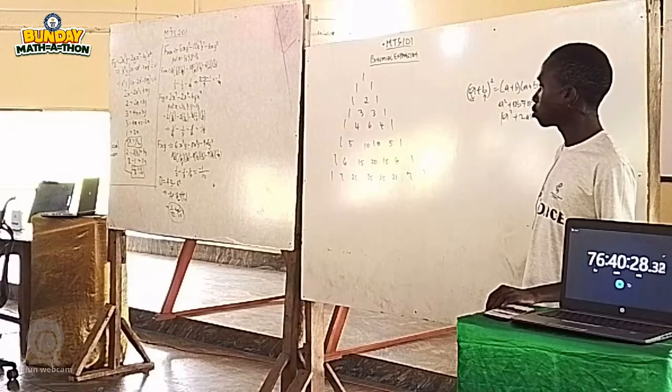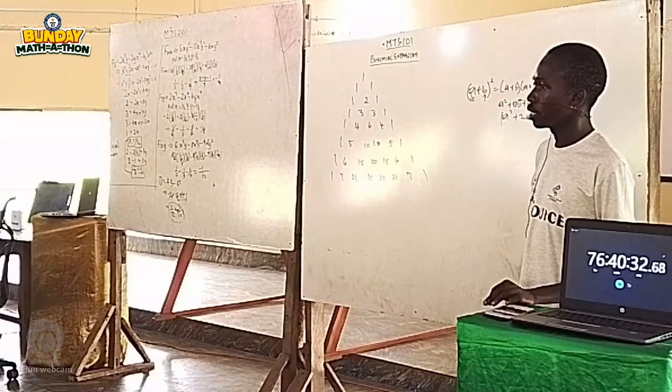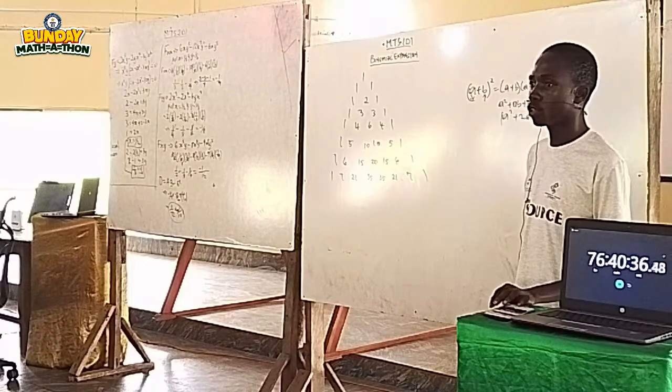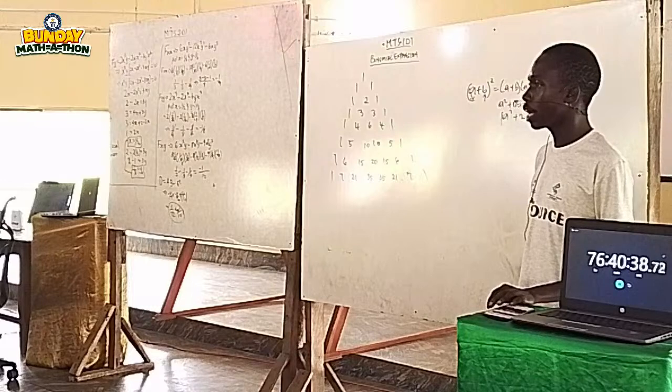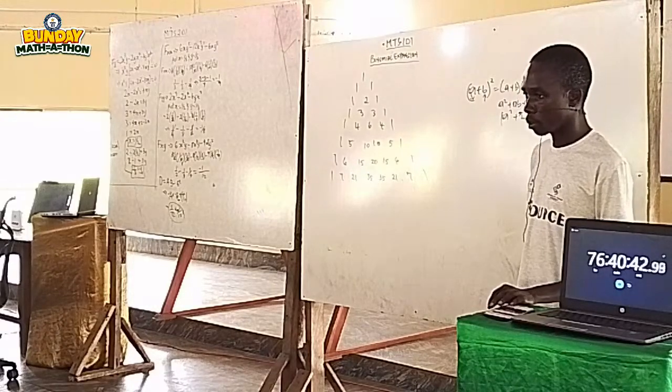Another last thing I wanted you to notice is that in a binomial expansion, the powers of both of your variables must always add up to the power you are starting from.